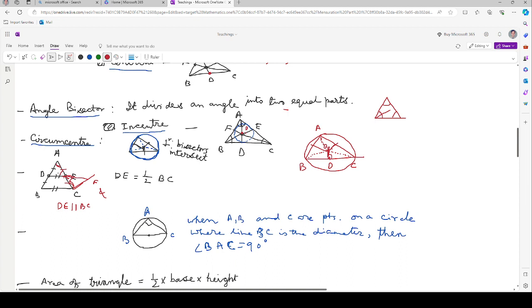So these two triangles are congruent. Therefore, DE equals EF. Therefore, DE is half of DF. Similarly, DE equals half of BC. Right? In this way, we can prove that relation. We should remember this relation to solve many problems. DE equals half of BC.